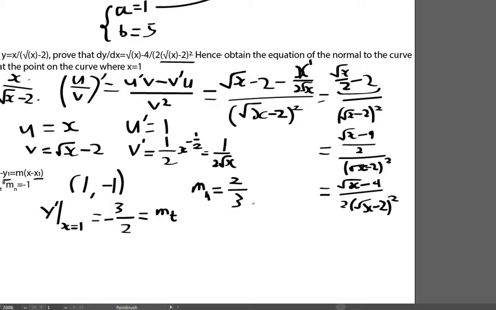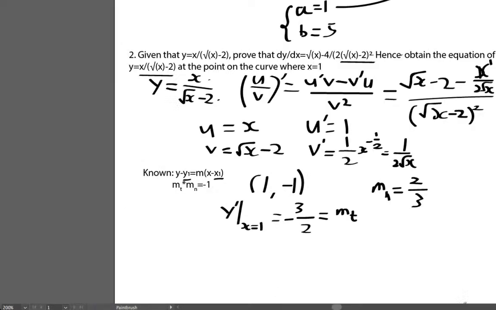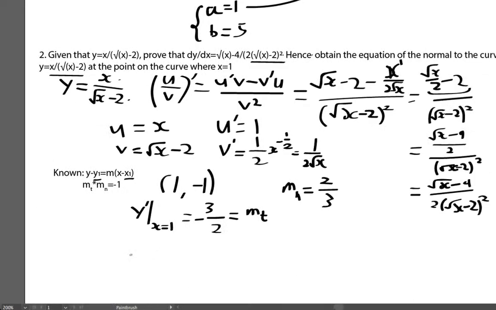But we want to know what is the equation of the normal line. So you just need to plug it into the formula that you have. Y minus negative 1, that's plus 1, equals to the gradient here, which is 2 over 3, of x minus 1.